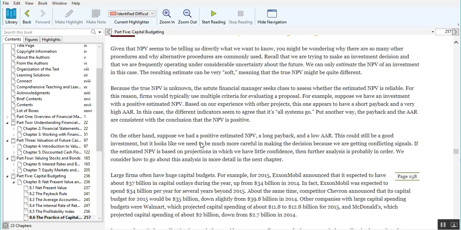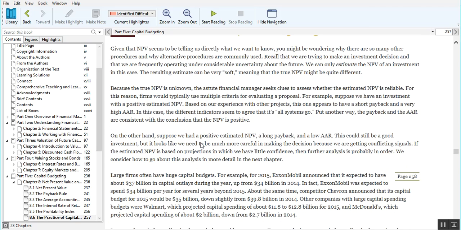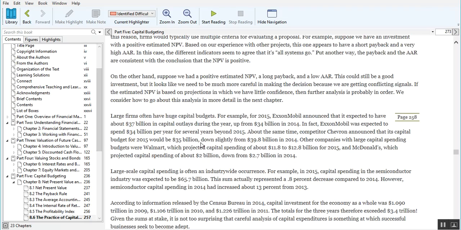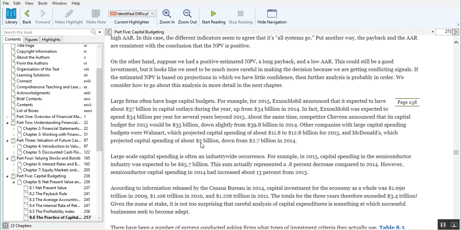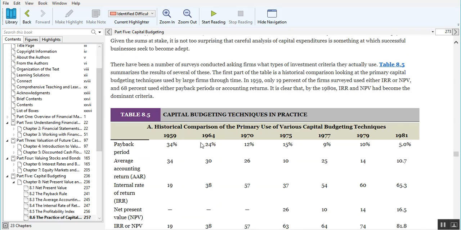When we talk about practicing capital budgeting, we need to really think about this in large scale terms. There are a lot of companies with large amounts of money and capital budgeting techniques.